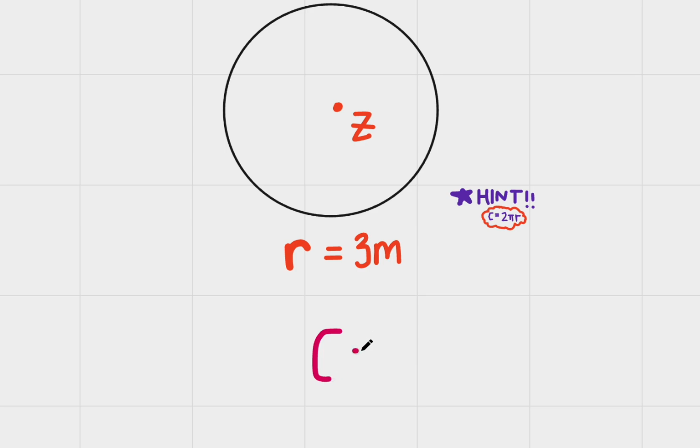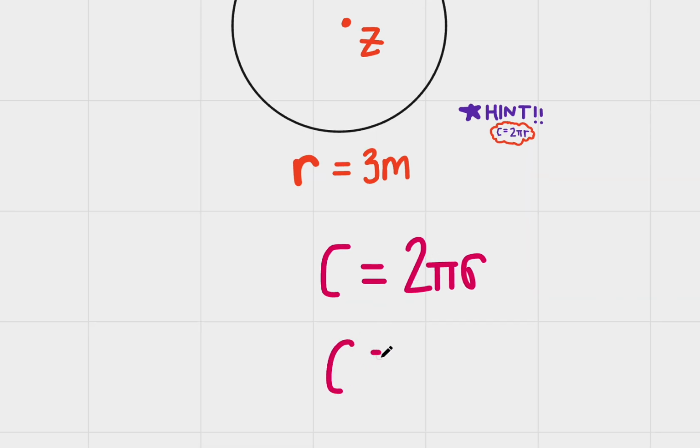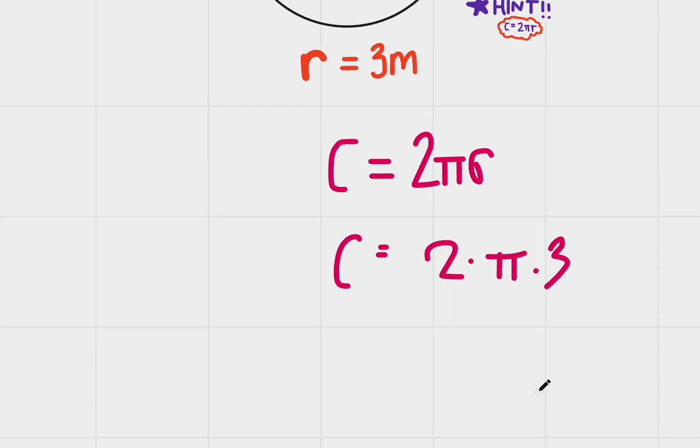C is equal to 2 pi r. We just plug in the r value, very straightforward. C is 2 times pi times 3, so the circumference is going to be 6 pi meters.